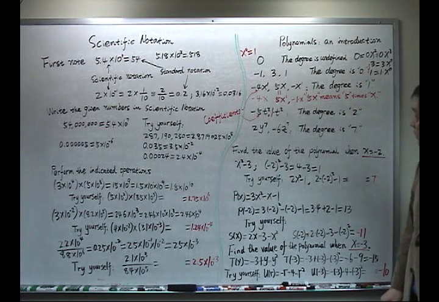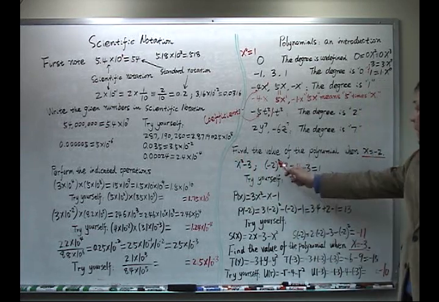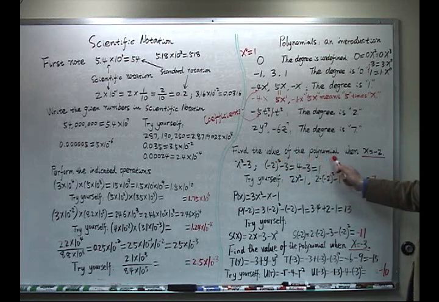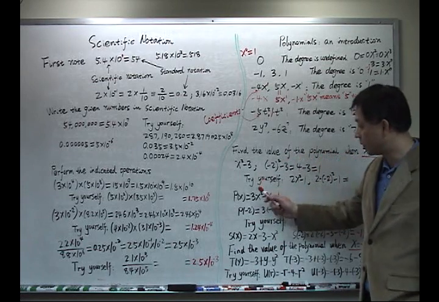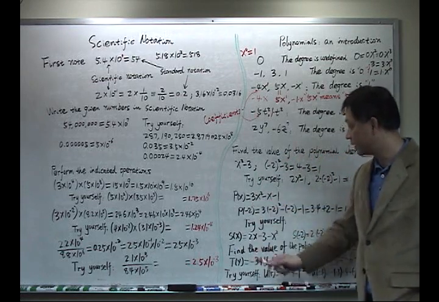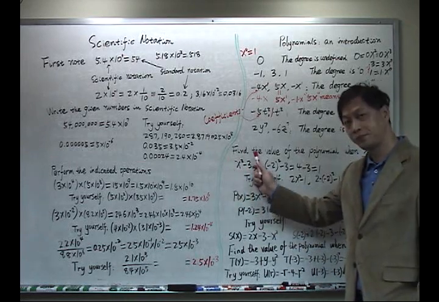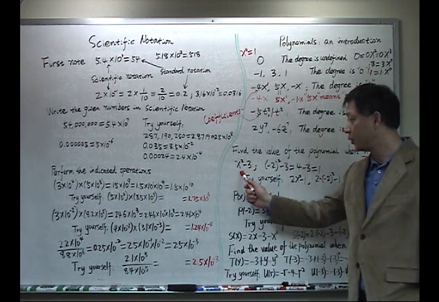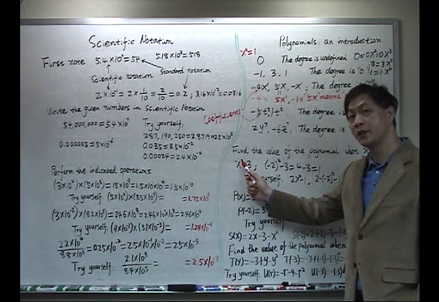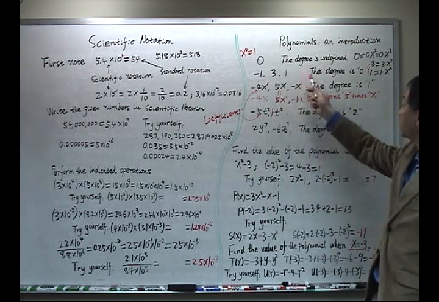Now, let's look at the example. Find the value of the polynomial when x equals negative 2. Here we have a couple of examples. Look, this is the polynomial x squared minus 3. The degree for x squared we know is 2. The degree for a non-zero constant is 0.